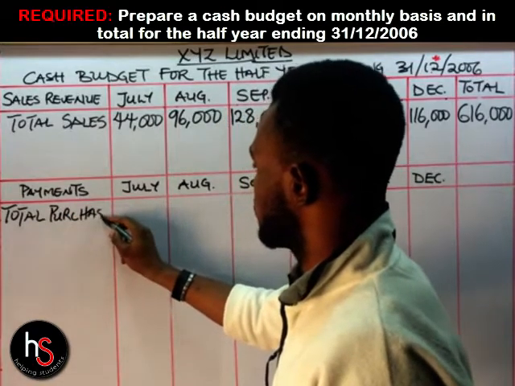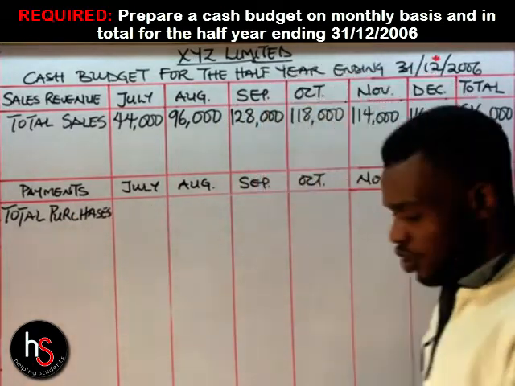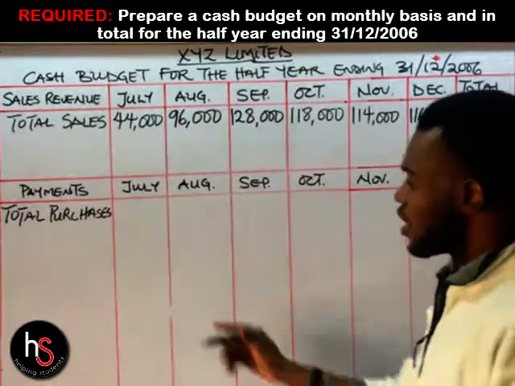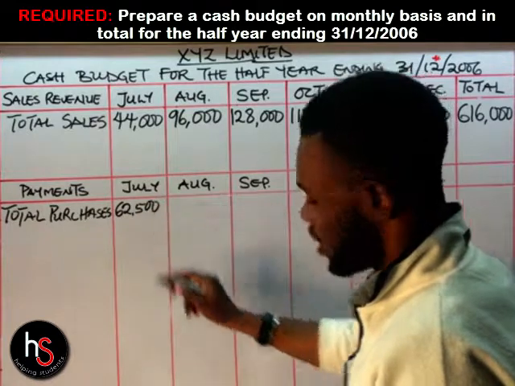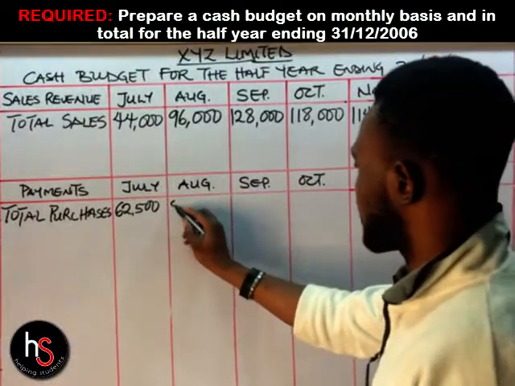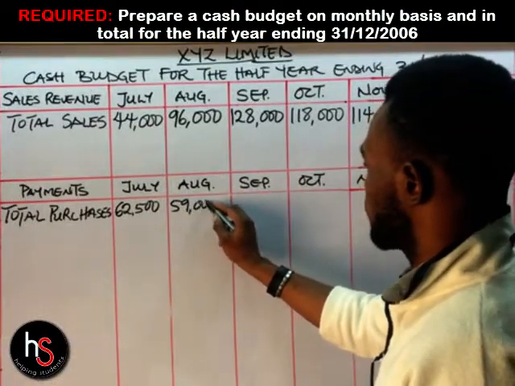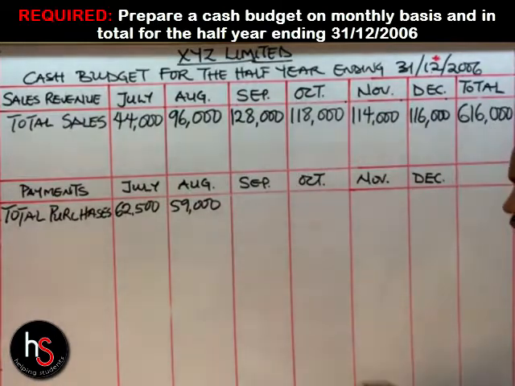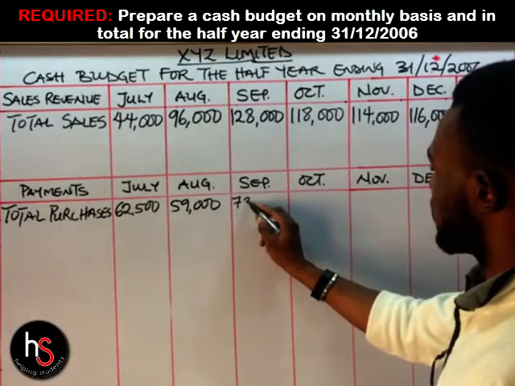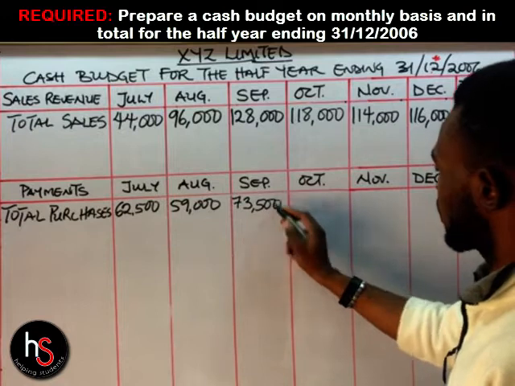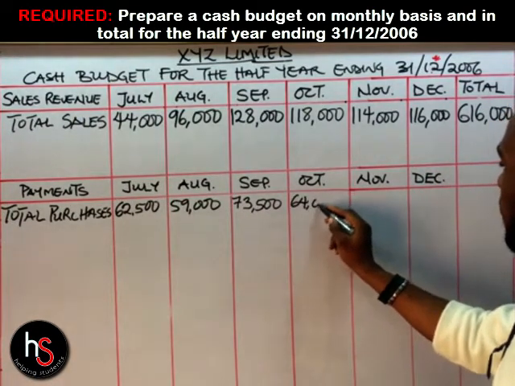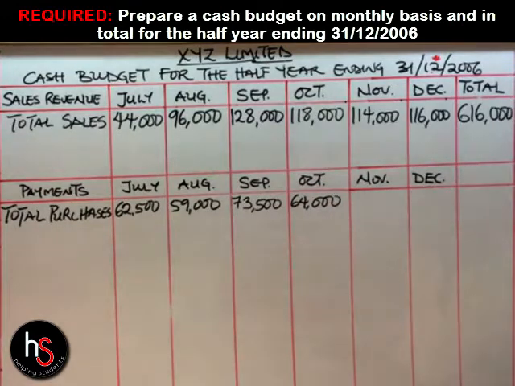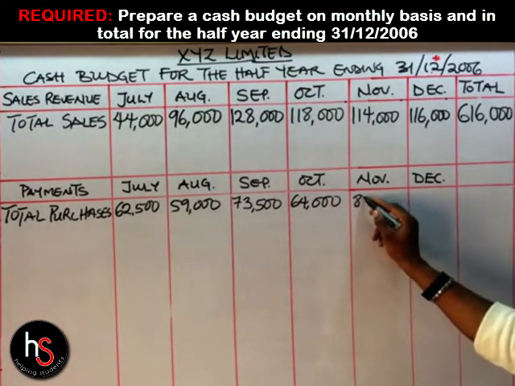In July, we had 62,500. In August, we had 59,000. In September, we had 73,500. In October, we had 64,000. In November, we had 87,500.